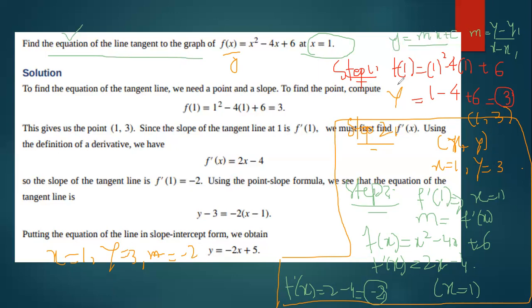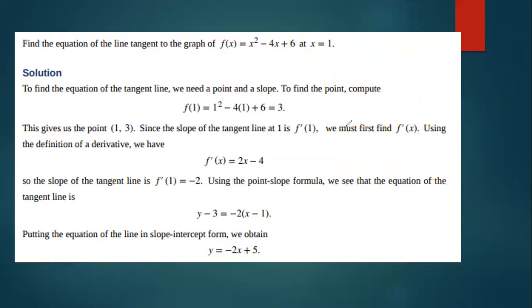The first step is to find the value of y, which gives the coordinates, and then finding the value of the slope, which equals minus 2. So my y value equals 3 with x value equals 1 and my derivative equals minus 2.